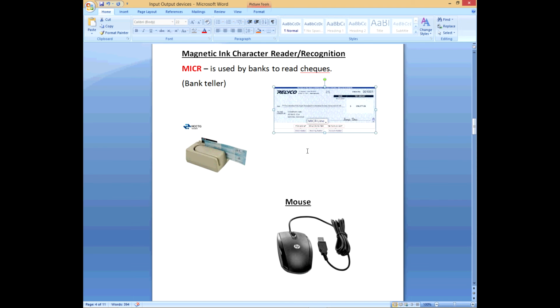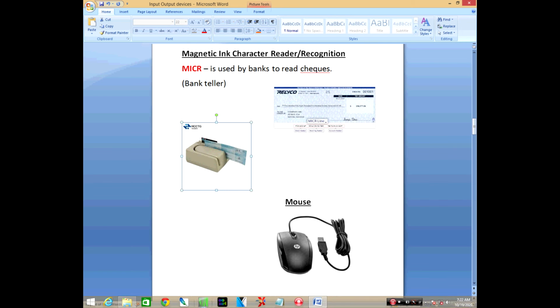So rather than have people make mistakes, reading the numbers down here and inputting the wrong number, with the machine now, there will be no mistake. It would simply just record that the check has been processed and give the bank teller the information necessary about the check.